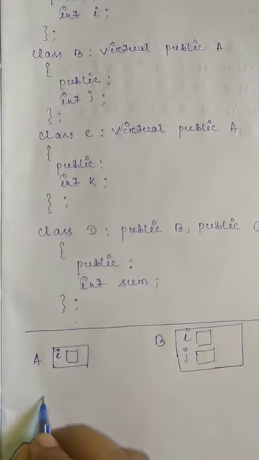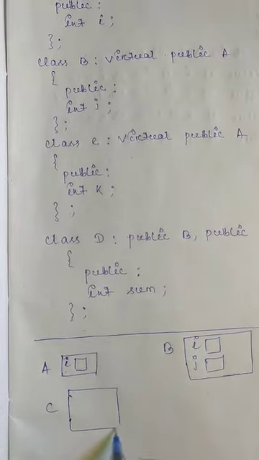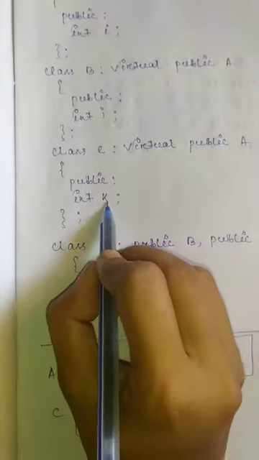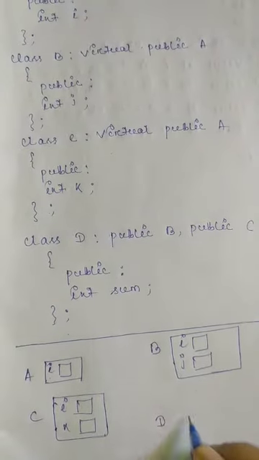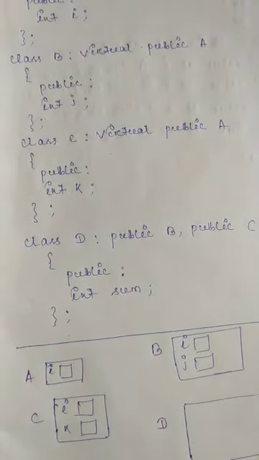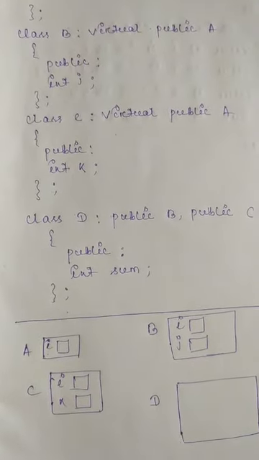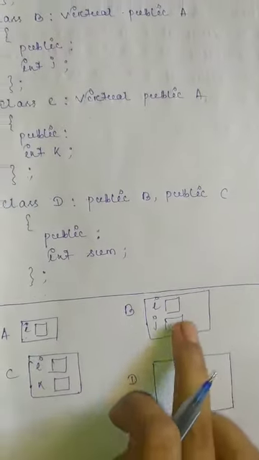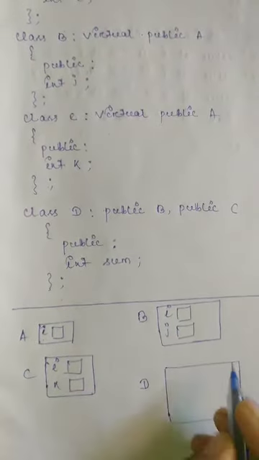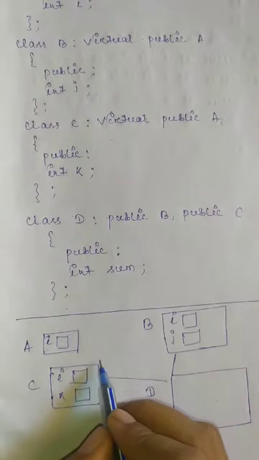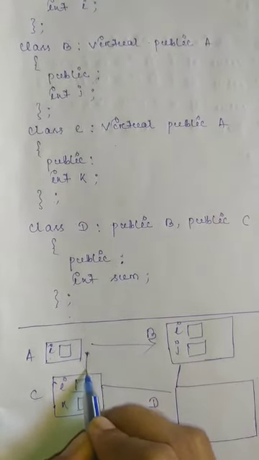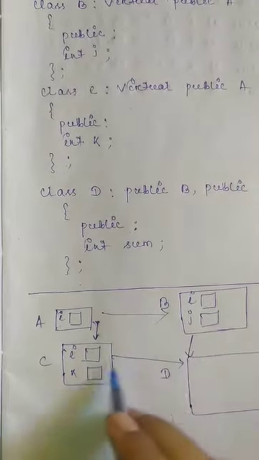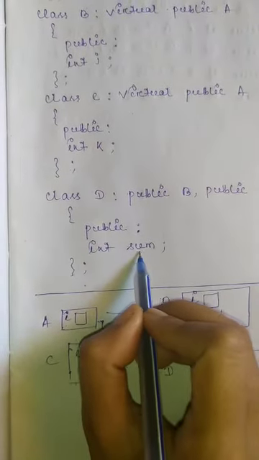And for class C there is also I and K. But class D is inherited from B and C, so it will contain J and K. If we do not use the virtual concept, then D will contain both, that means 2 copies of I, with J and K, and its own variable sum.